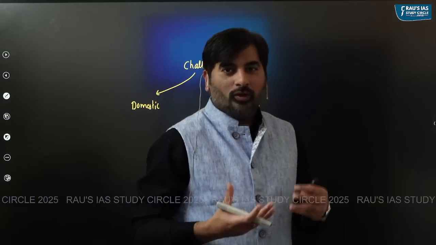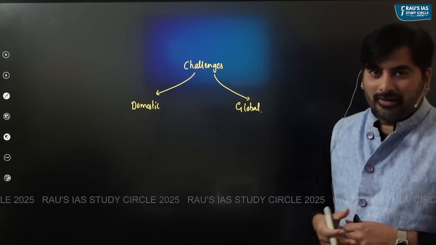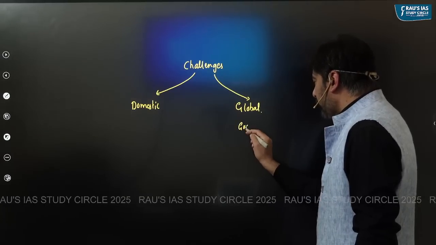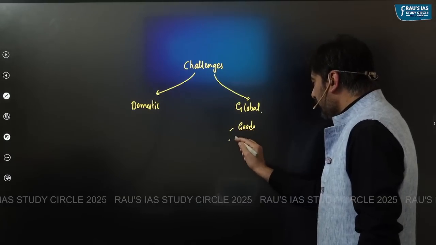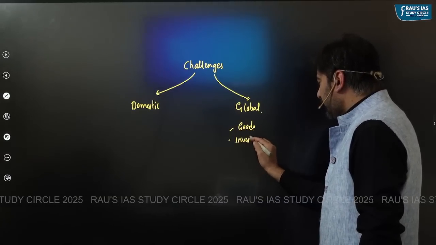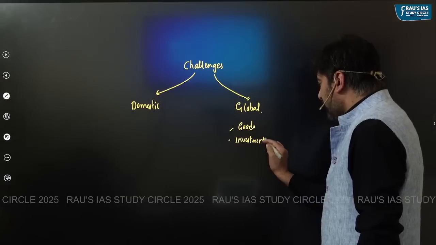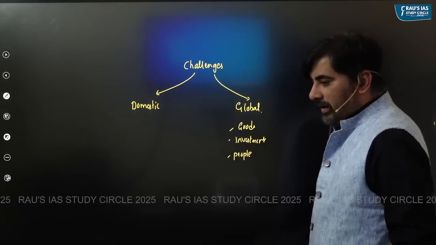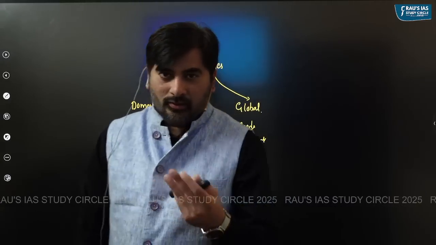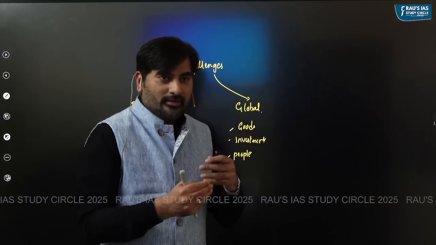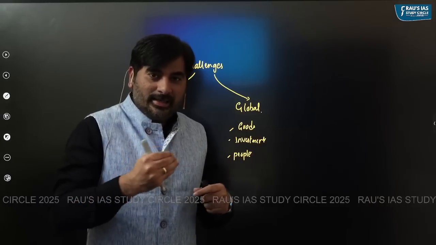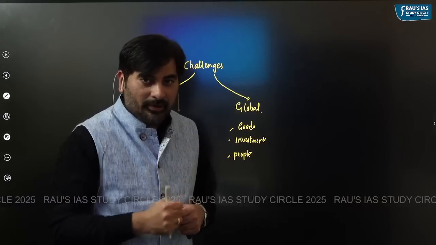You all know what exactly is globalization, right? Globalization refers to free movement of goods, investment, as well as people. And if you look at globalization, in the past, countries have prospered by integrating themselves into the global economy.